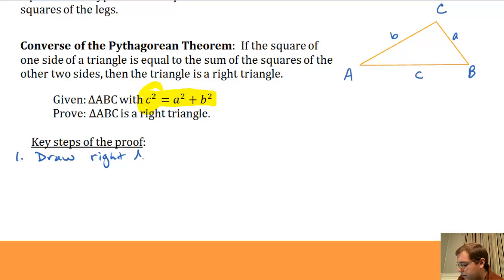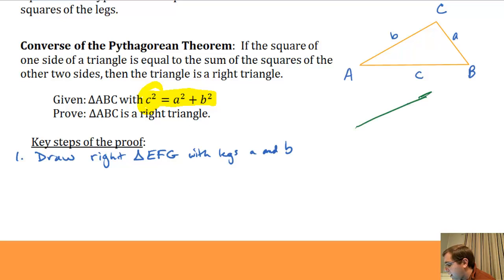We'll call it EFG, where the legs are A and B. I'm just going to sketch it real quick here, so it's not going to look very good. But I'm going to draw another triangle where A and B, which were two sides of my original triangle, are now the legs of my right triangle.